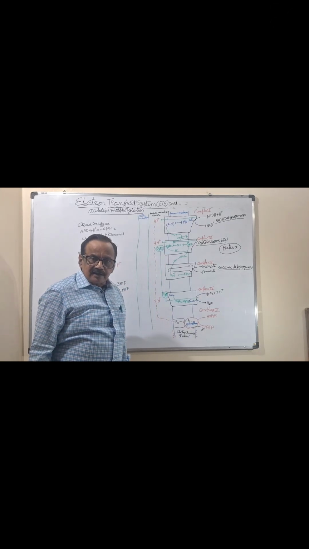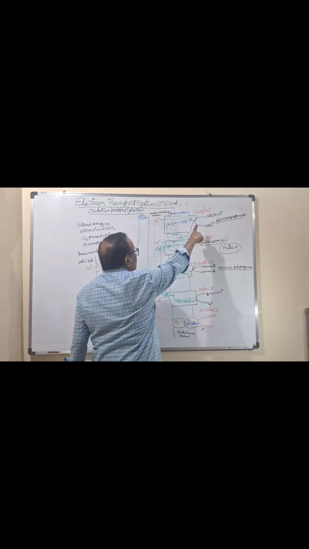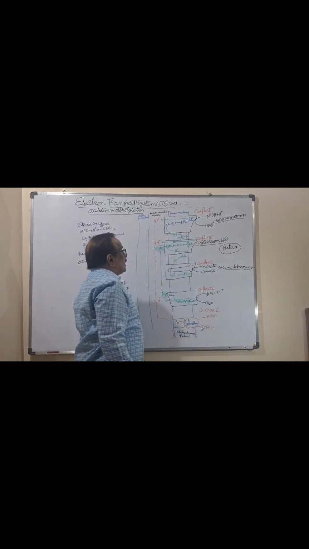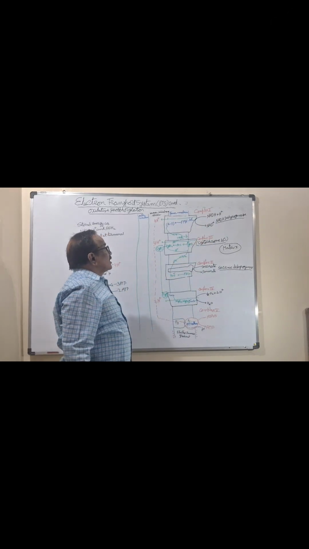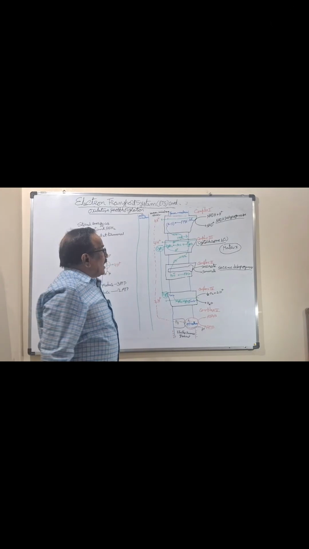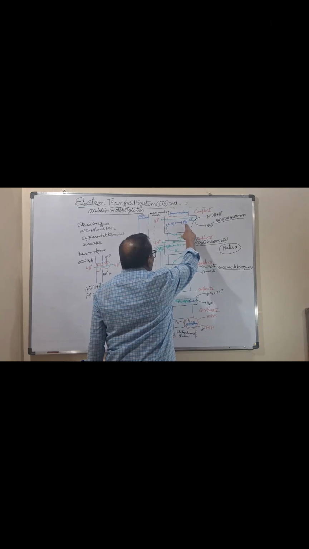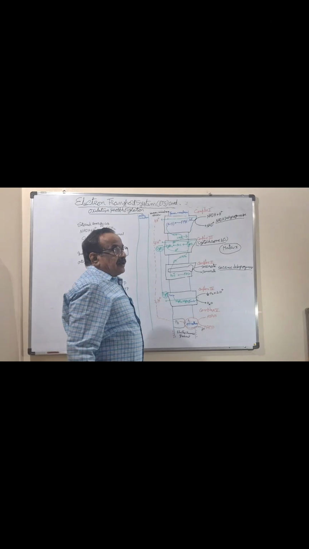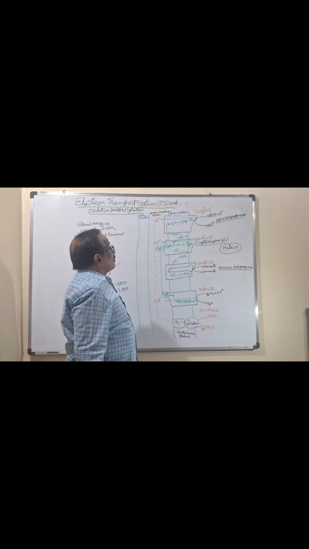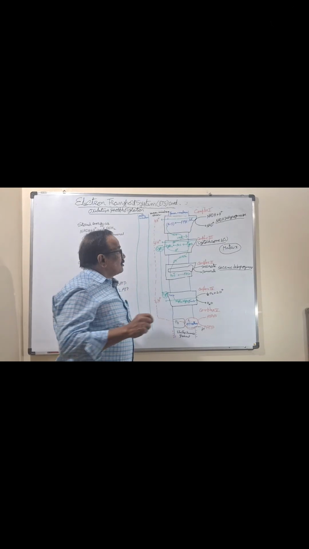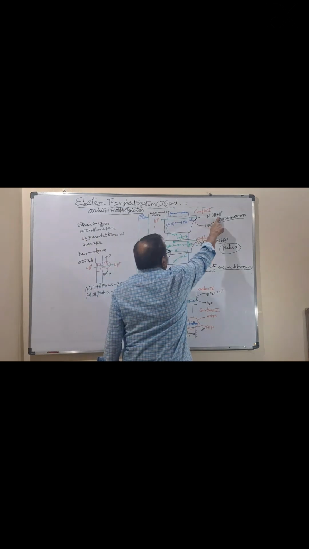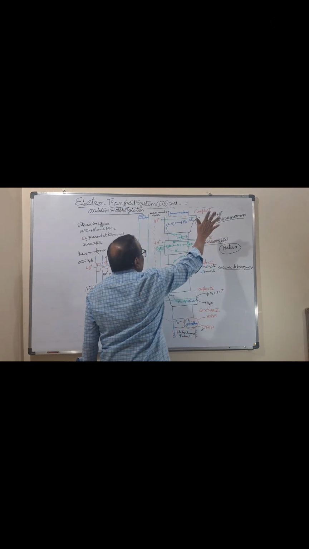How will it be done? In complex number 1, whenever NADH plus comes into complex number 1, it is received by flavin FMN, flavin mononucleotide. Flavin mononucleotide splits the hydrogen into electron and proton.